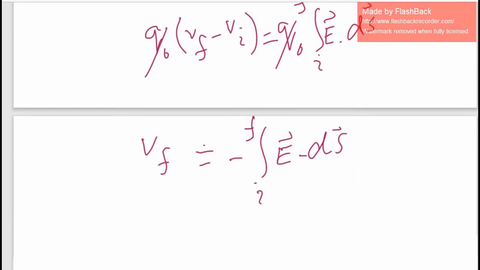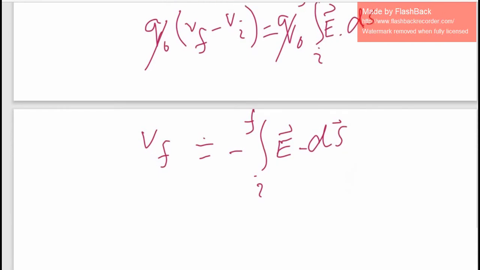I am also going to drop this subscript F and write it as V is equal to minus the integral from I to F of E dot ds.